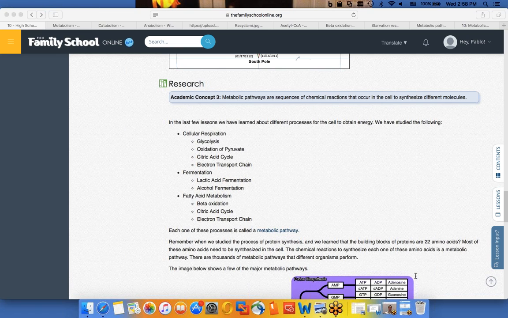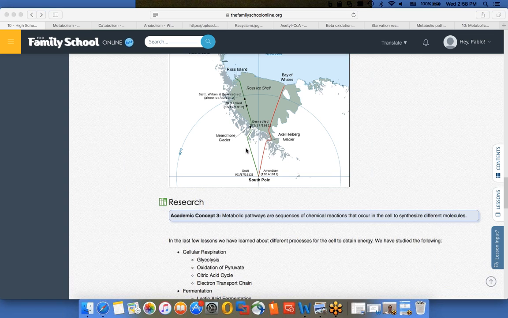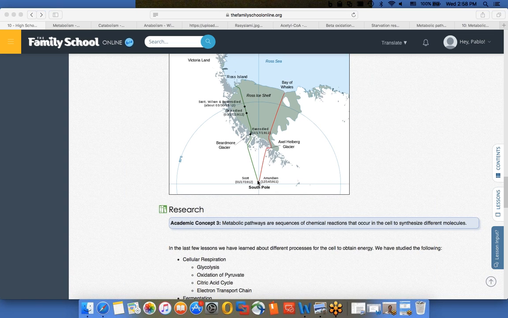Connor says it was sad they had to shoot the dogs for food. Yes, and part of the problem is not only that they had to shoot the dogs for food. The Scott expedition sent the dogs back. The Amundsen expedition kept the dogs, and they actually used the dogs for food on the way back.